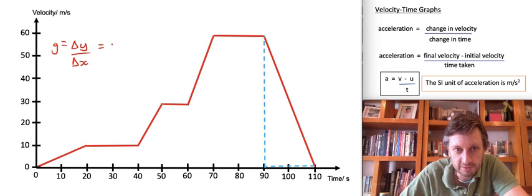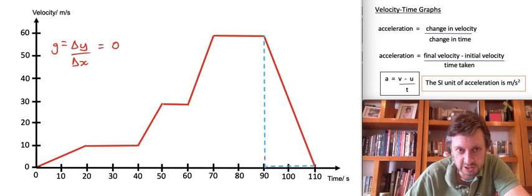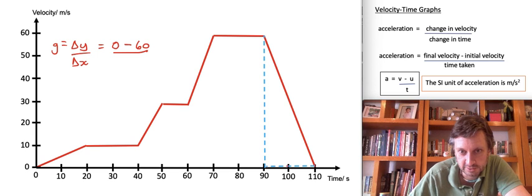My finishing velocity is, in this case, 0 meters per second, and my starting velocity is 60 meters per second, and the time it took, well, I can see there it's 20 seconds.